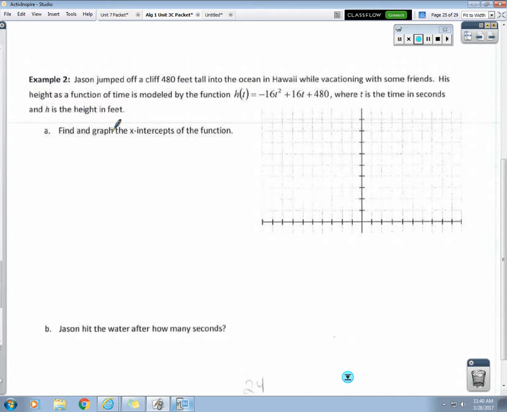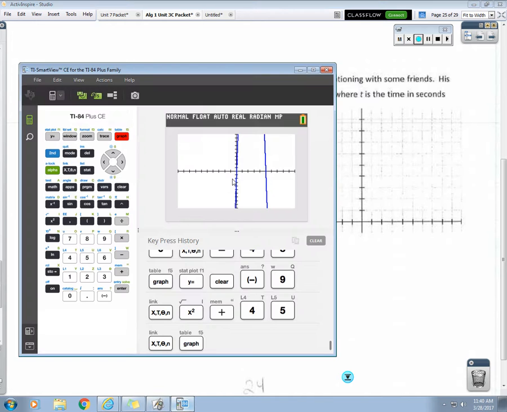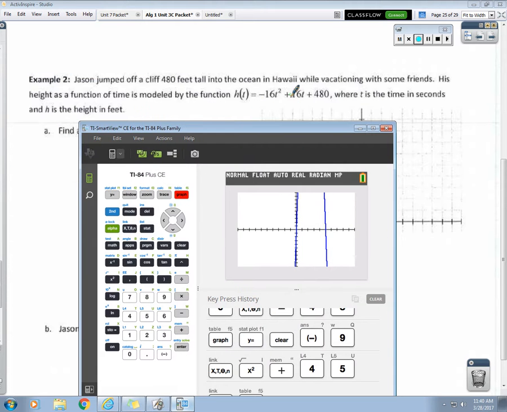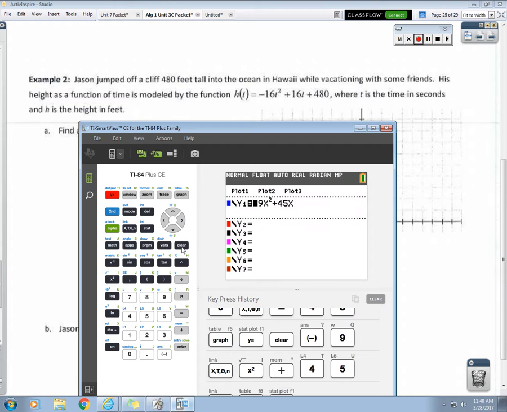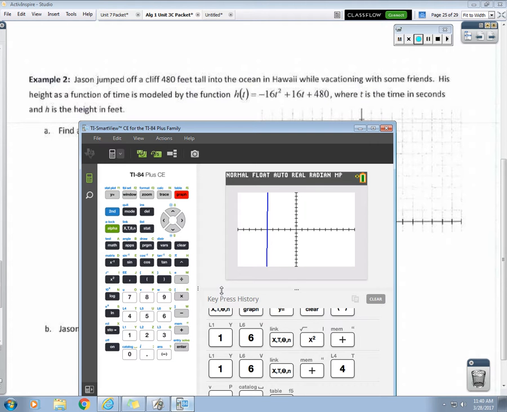First, they want you to find and graph the x-intercept. So how do we do that? Graph it first. So in your calculator, type in the function y equals negative 16t squared plus 16t plus 480. Why does the graph look like that?